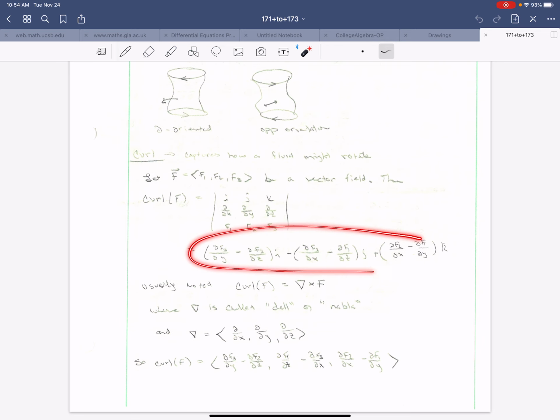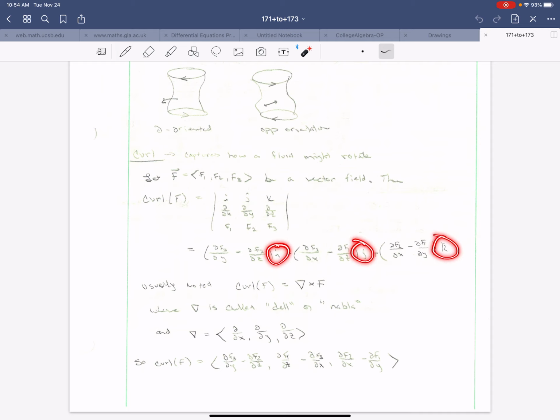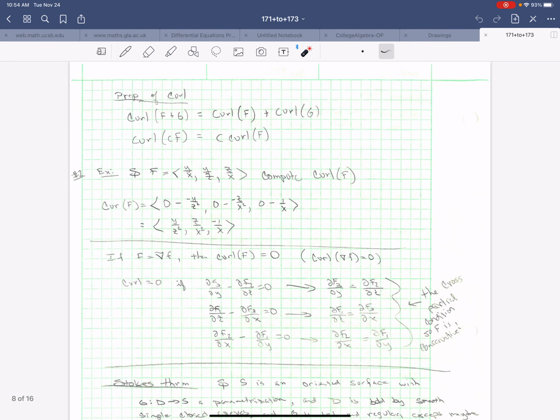If you took this, and instead of writing it with the i, j, and k vector notation, you wrote it in angle brackets, that's what shows up down here. So there's a few properties of the curl, and as soon as we define a new object, we want to know what its properties are.